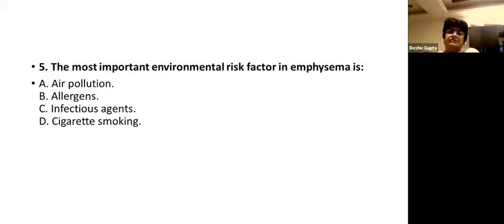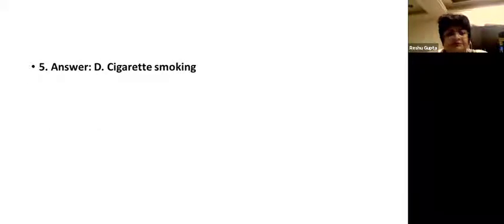So I think the explanation would be very important here. Dr. Mishra had already mentioned that cigarette smoking is the most important cause of COPD, besides the other causes, which are pollution, environmental and occupational hazards, allergens, etc. So the question is the most important cause, and the most important cause is cigarette smoking.